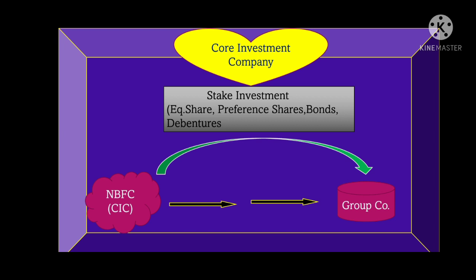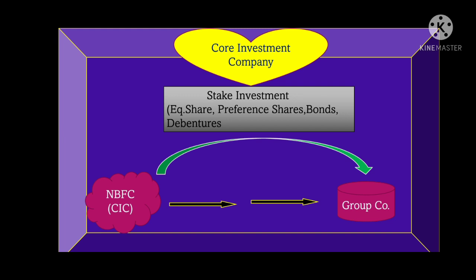These stakes can be in the form of investment, just like equity shares, preference shares, bonds, debentures, debts, loans, right? So the main business of these entities is the acquisition of shares and acquisition of securities, right? So such companies can also avail ECB up to $750 million.